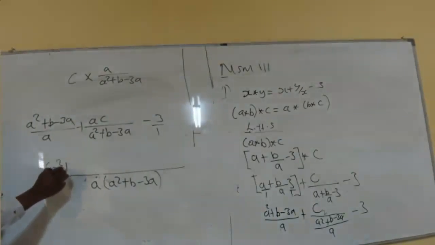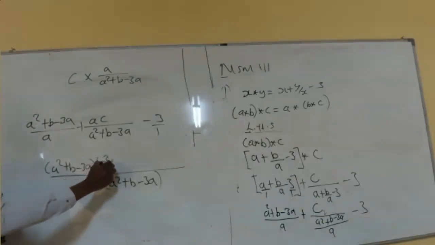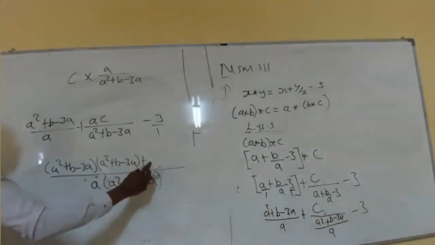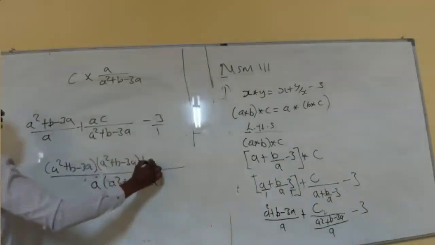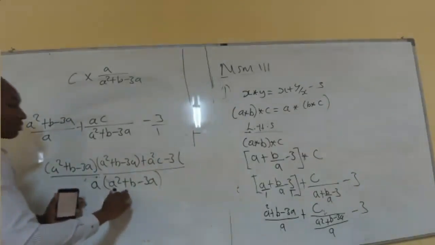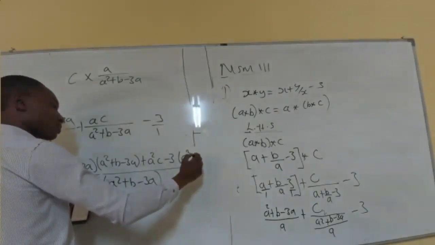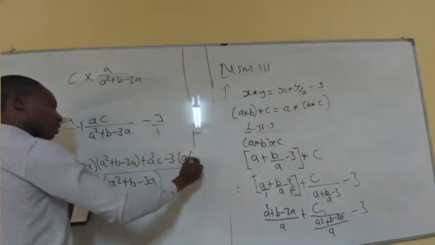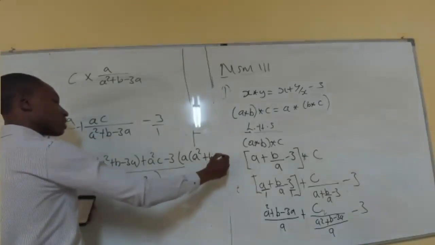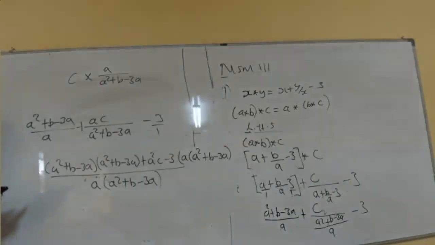So we have A squared plus B minus 3A, then A squared plus B minus 3A, then plus A times that, that's A squared C minus 3 open brackets. This times this, we have A to the power 3. Okay, let's try it like that. A squared plus B minus 3A, right? So that's what we have there.